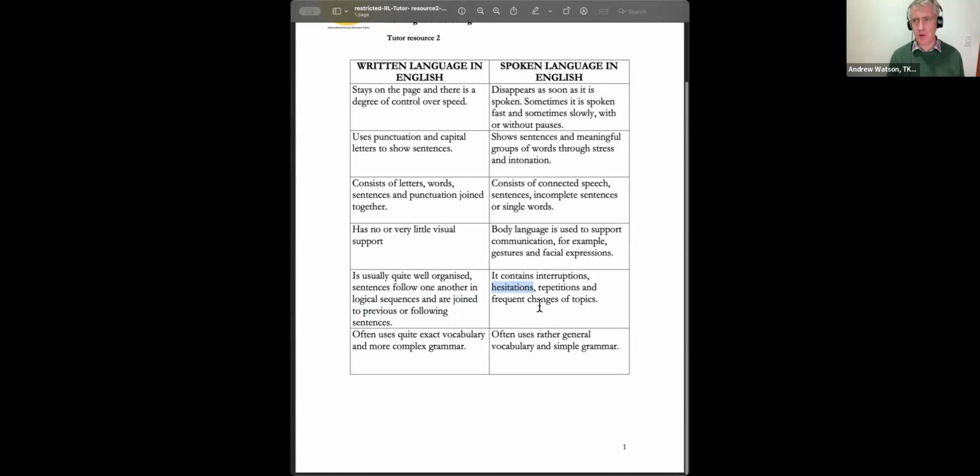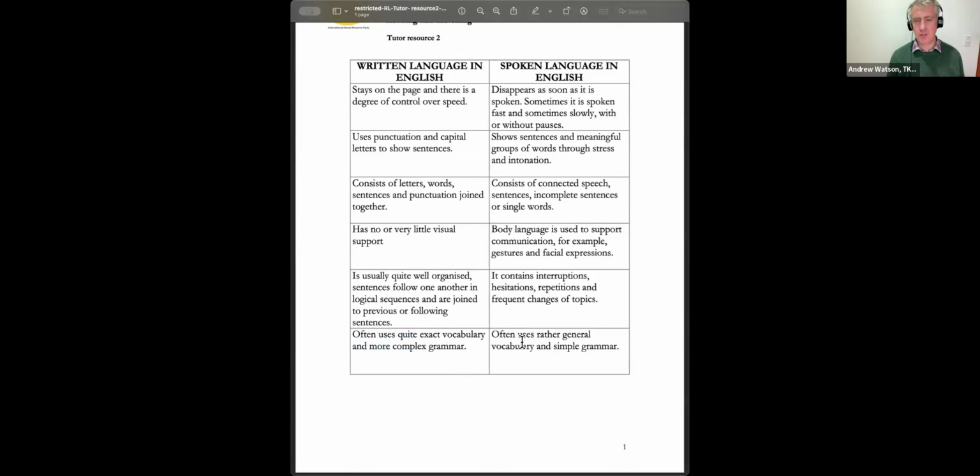By contrast, spoken English contains interruptions, hesitations, repetitions, and frequent changes of topics. Written language uses quite exact vocabulary, more complex grammar.